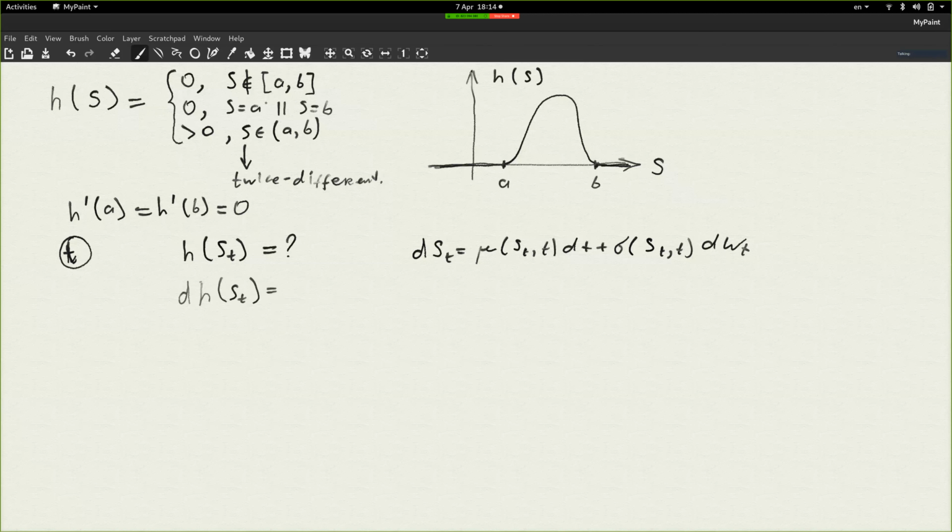We will apply the Ito-Doeblin formula in order to derive this. We can say that dh of S_t is, this function doesn't depend on t explicitly, so instead of partial derivatives with respect to s, we can write full derivatives with respect to s, because it depends only on one argument, right?